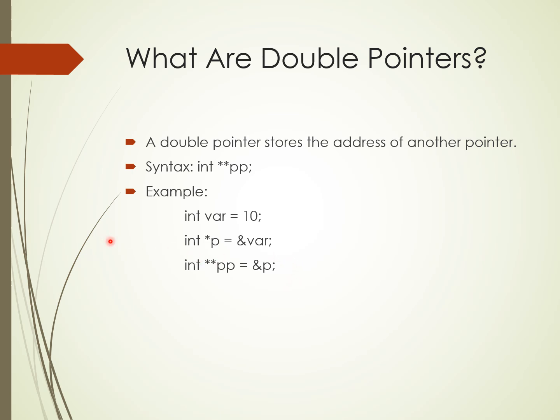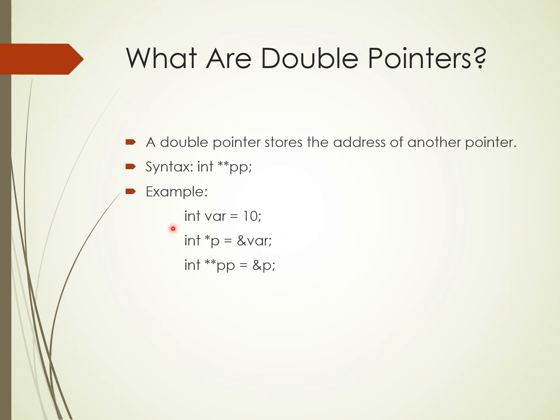Now, if I print the value of the variable var, I'll get the answer as 10. Similarly, if I print the value of *p using printf, we'll get the value 10 again.